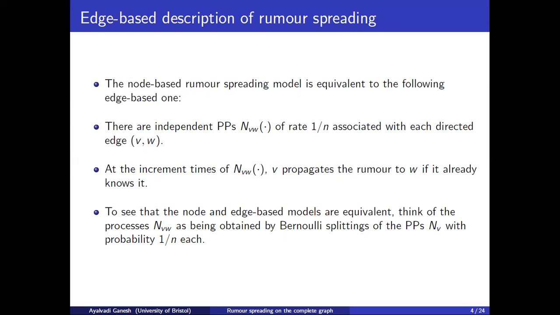So we take the Poisson process at V and we split it to say which vertex it's going to communicate to by tossing a coin with probability 1 over n for choosing that vertex. And so we are using the result that says that Bernoulli splittings of Poisson processes give us independent Poisson processes. And that's why the processes of times at which V contacts W are Poisson processes of rate 1 over n. Okay, so that shows the equivalence of the two models.